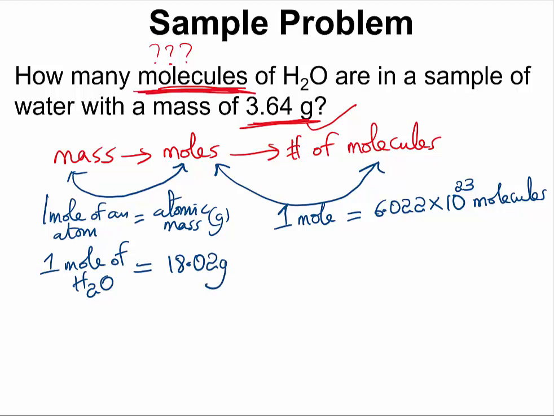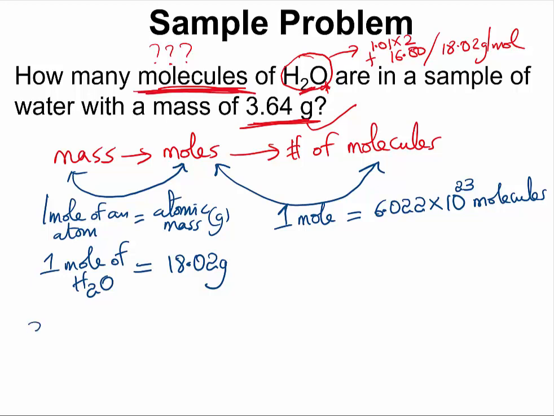That is the molar mass of water, because in the periodic table, hydrogen has a mass of 1.01 multiplied by 2 because we have 2 atoms, plus the atomic mass of oxygen on the periodic table, which is 16.00. That works out to 18.02 gram per mole.